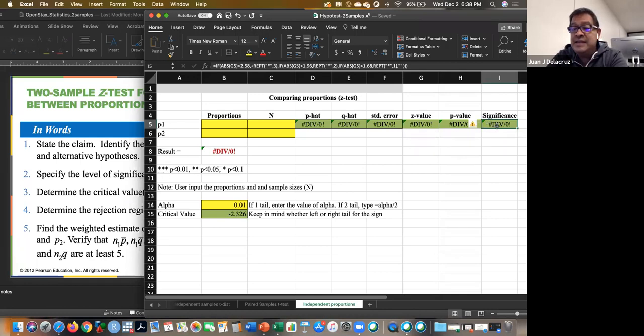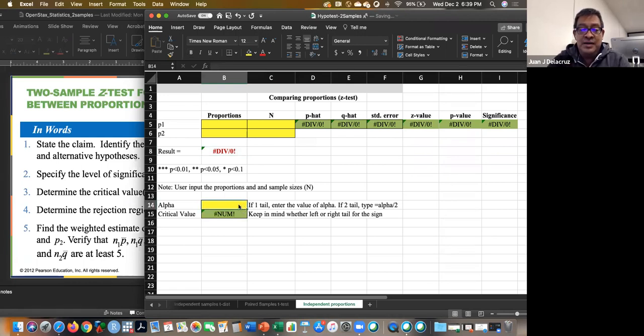If it gives you 2 stars, it means that the p-value is less than alpha equal to 5%. And if it has only one star, it means that the p-value is lower than 10%, right? So you don't have to do many things. Even more, this cell is going to tell you, don't worry, this is significant or this is not significant. That's very nice.